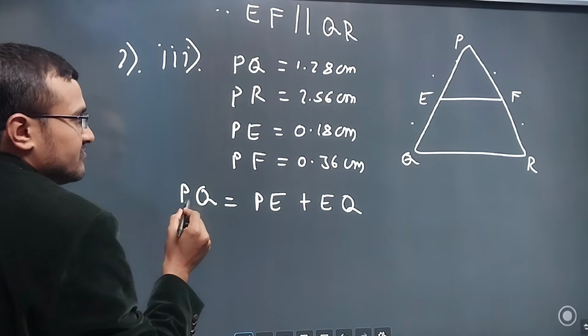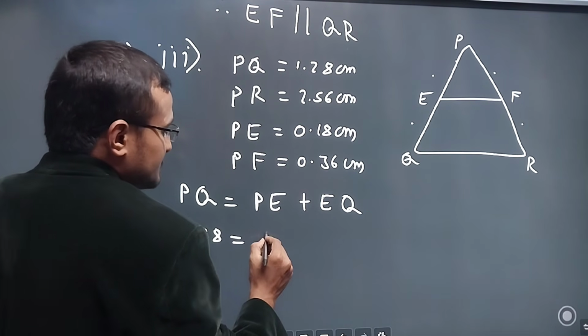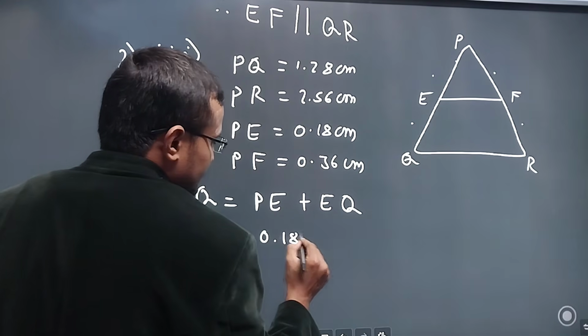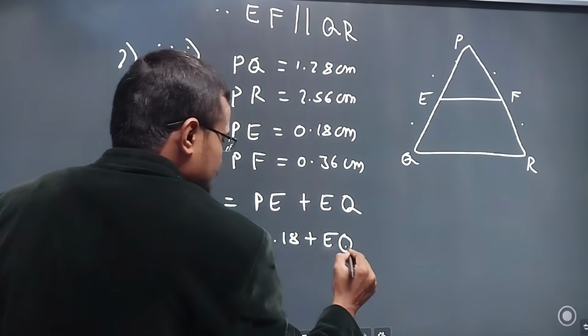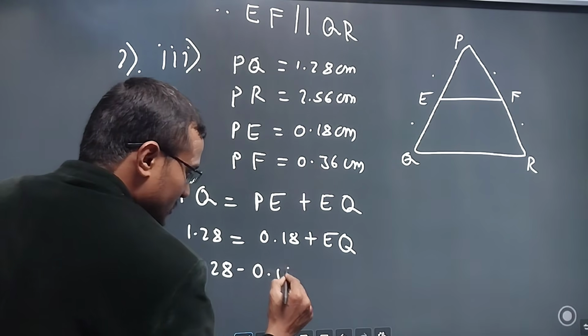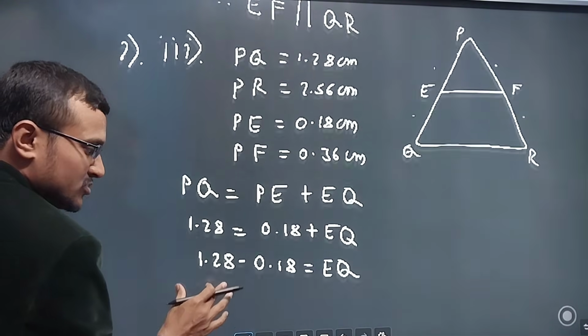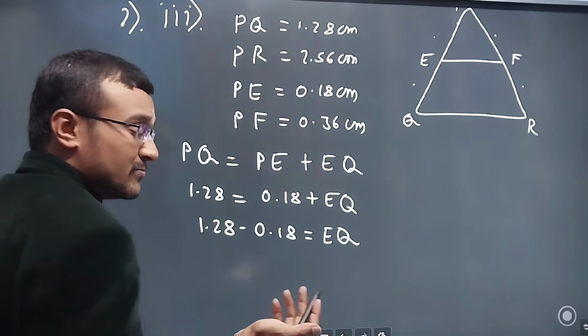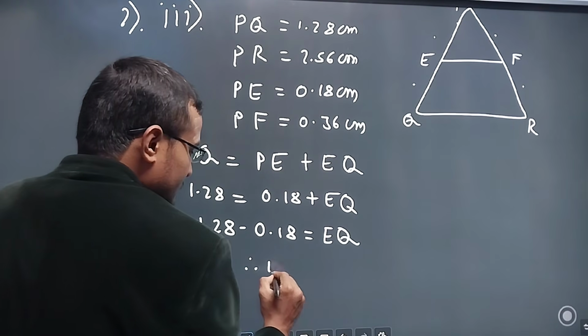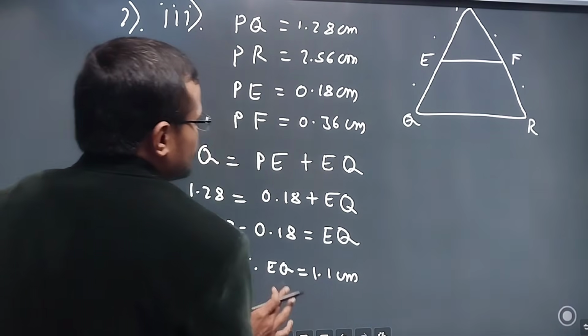We know that PQ is 1.28 centimeter, PE is 0.18 centimeter plus EQ. So 0.18 if you bring to LHS, it becomes 1.28 minus 0.18, which is equal to EQ. So 1.28 minus 0.18 will give you 1.1. Therefore EQ is equal to 1.1 centimeter.